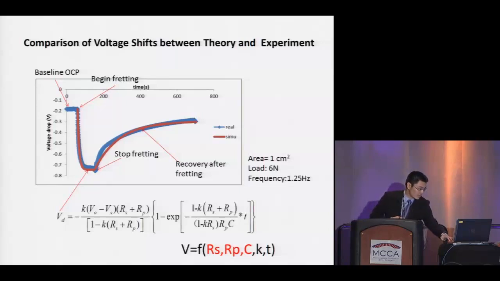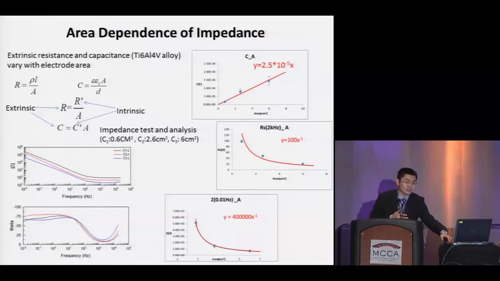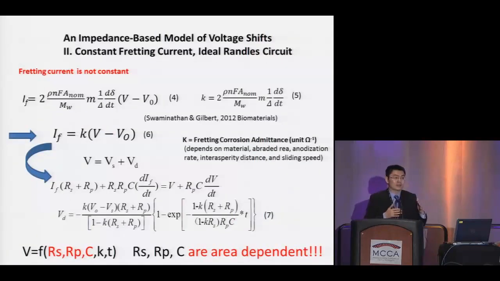Actually, in our theory here, you can see the equation below equation 6. We have incorporated the open circuit potential effect, and the impedance values, as you have talked, they are changing during voltage change. So we have made the impedance test at the beginning of the fretting and during fretting and at the end of fretting at fixed voltage levels.